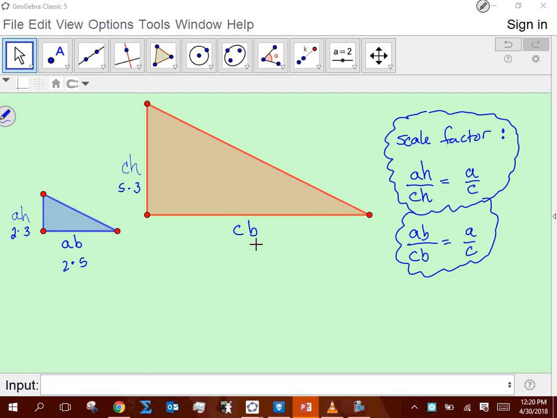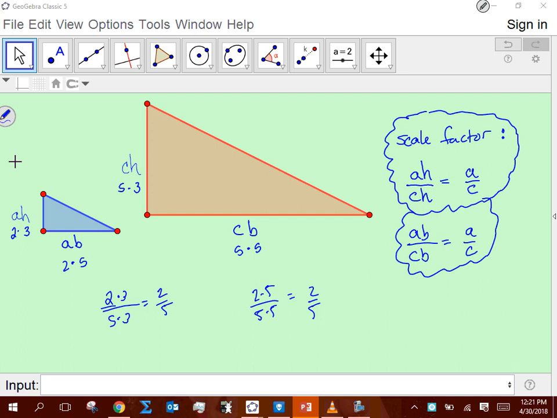And over here, B would still have to be 5, but C is also 5. If I start comparing those, 2 times 3 compared to 5 times 3, what's going to happen? 2/5, right? Or if I compare 2 times 5 to 5 times 5, still gives me 2/5.